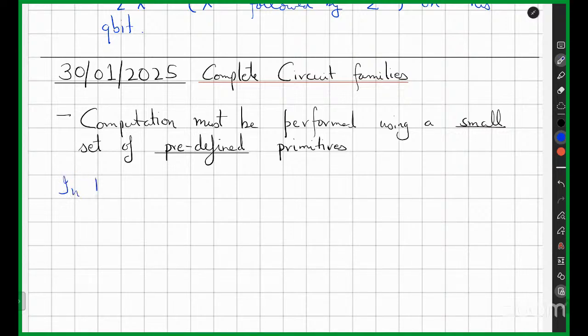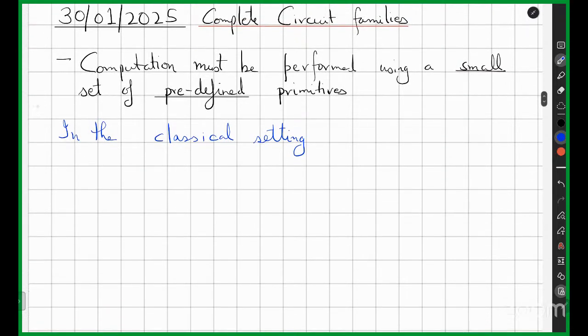So in the classical setting, there are three things.